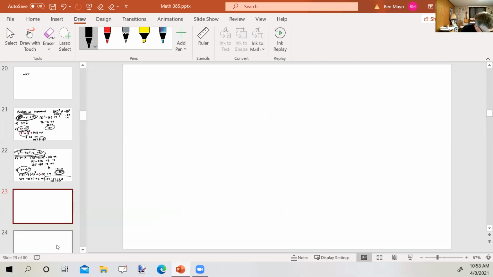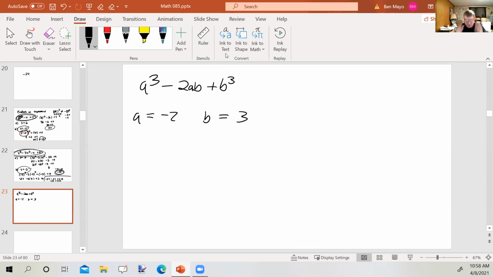Here we're going to evaluate each polynomial for a equals -2 and b equals 3. So we've got a cubed minus 2ab plus b cubed, and a equals -2 and b equals 3. So we're going to substitute for two different variables.